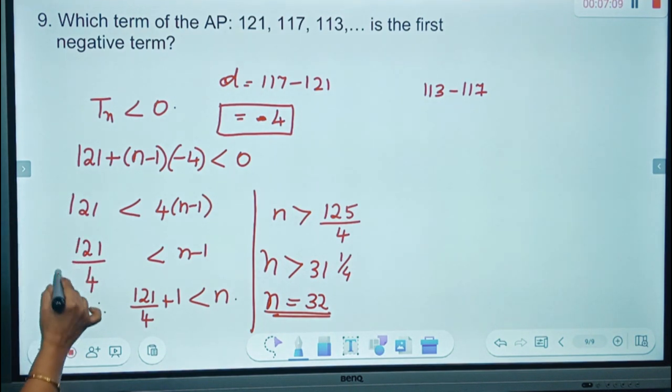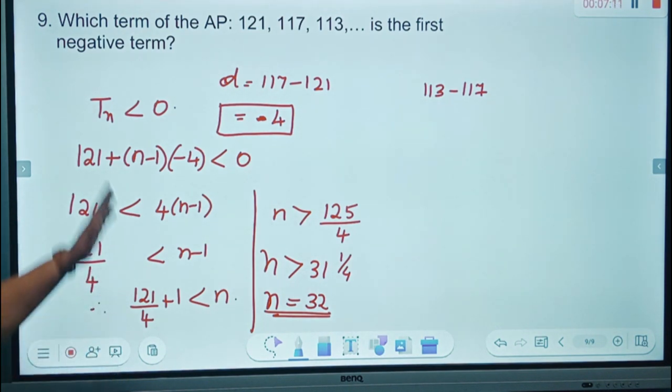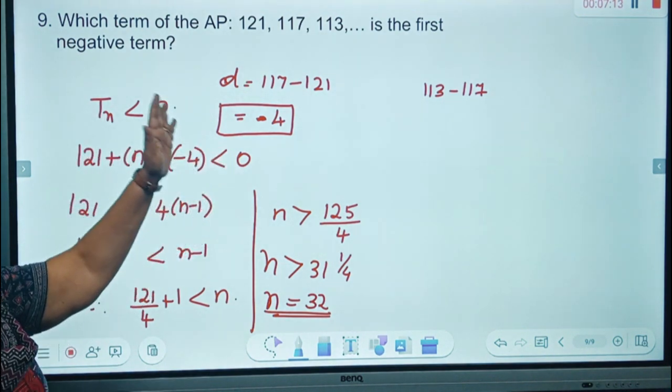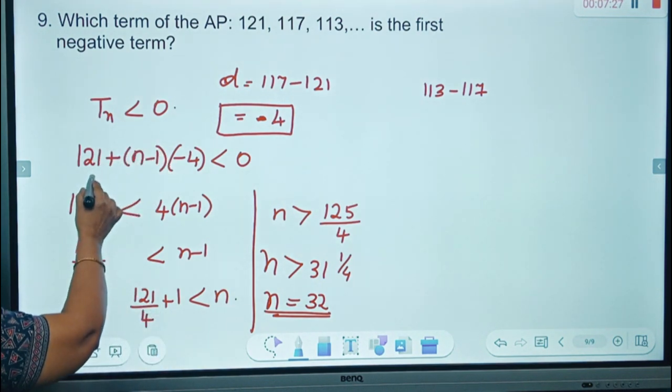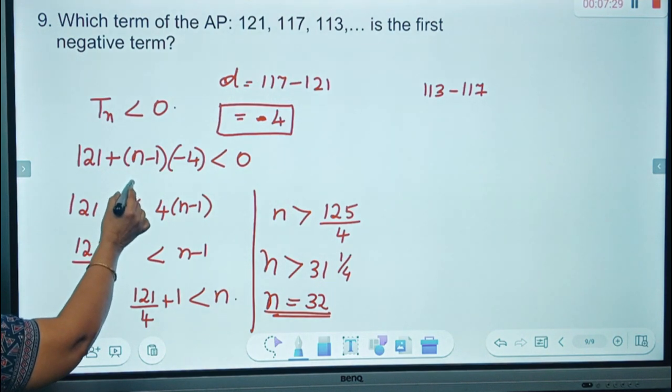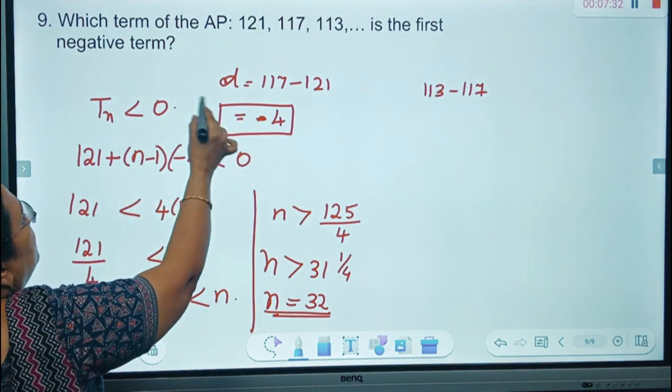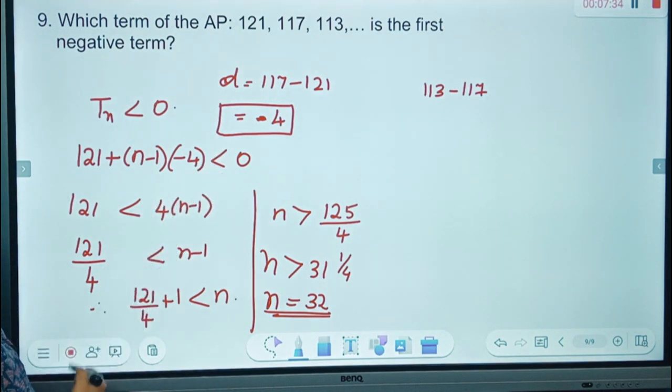So, whenever you want to find the first negative term, because the sequence is reducing, at some point you are going to get negative numbers. The question is, for what value of n you are going to get the first negative term in the sequence. So Tn is less than 0. So 121 plus (n minus 1) into common difference, which is second term minus first term, minus 4, is less than 0.